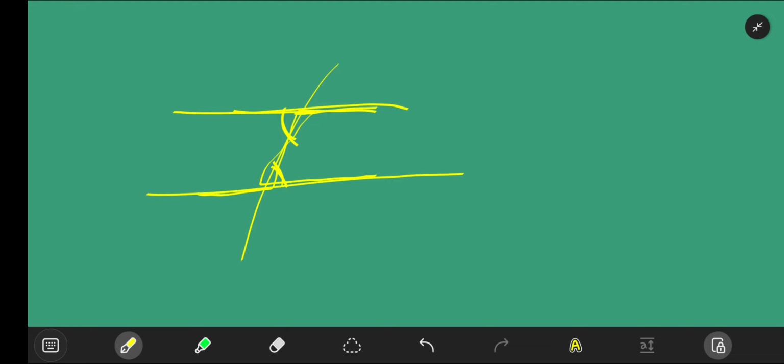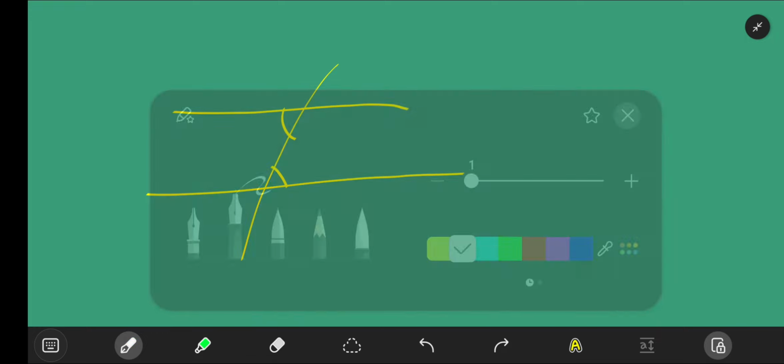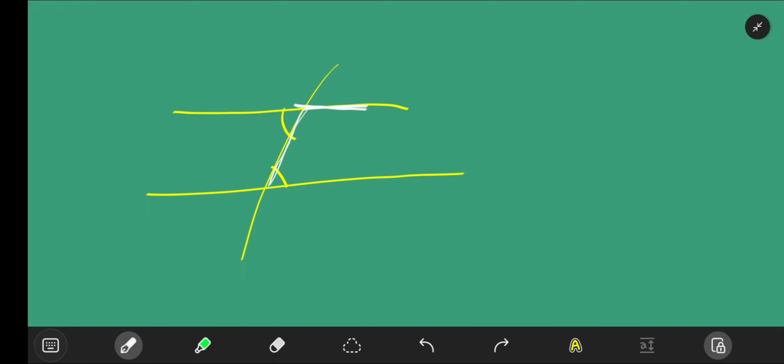Here also it is making a Z, not an exact Z, but in the form of a Z. So this angle is equal to this angle. They both are also alternate angles. This is about alternate angles, corresponding angles and vertically opposite angles. We have done with this.